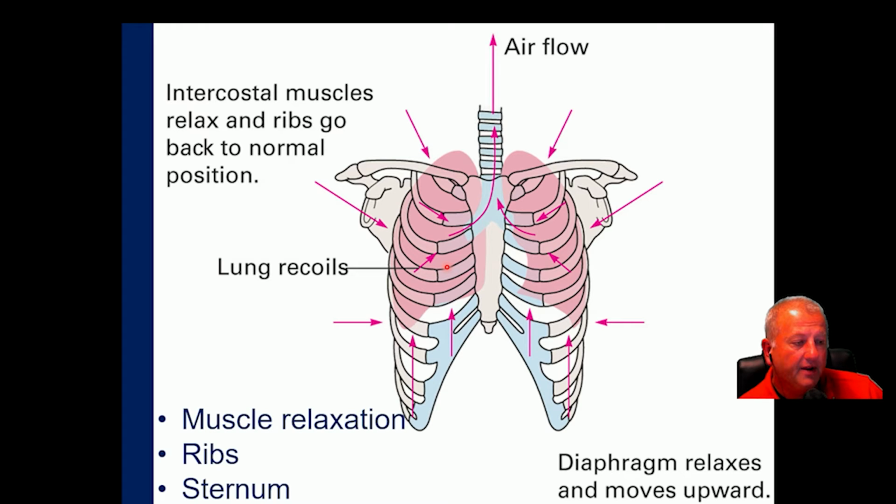Another important thing: here we have nervous control and respiration. Here we have the pneumotaxic center part of the brain, right here at the pons. We have the VRG and the DRG. And what happens is those chemoreceptors will read O2 or CO2.